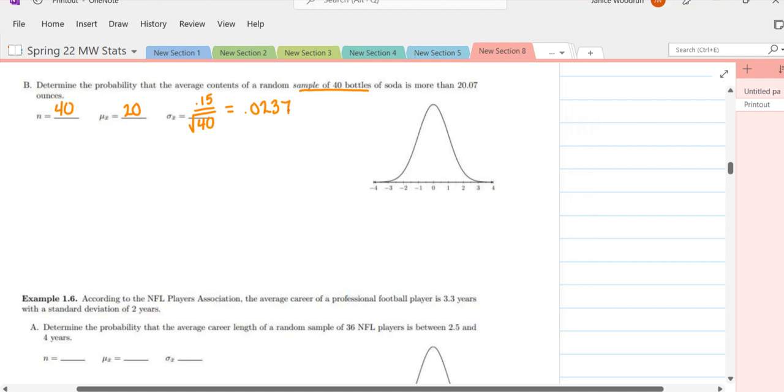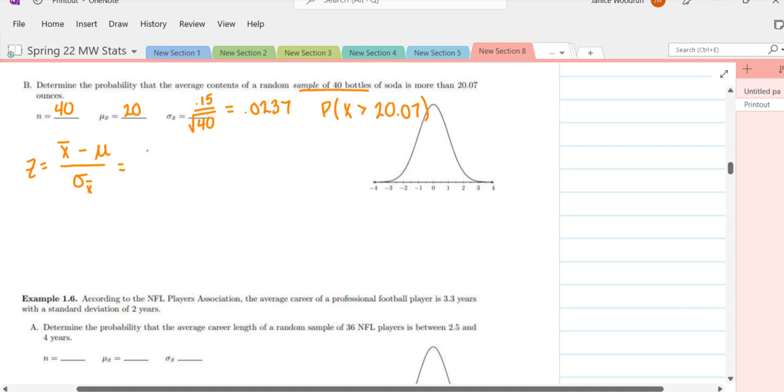Okay, then step 3, we find the probability too. We got to do that. So p that x is greater than 20.07. Then the z-score for chapter 7 is still x bar minus the mean. It's just over the standard deviation of x bar instead of the population standard deviation.